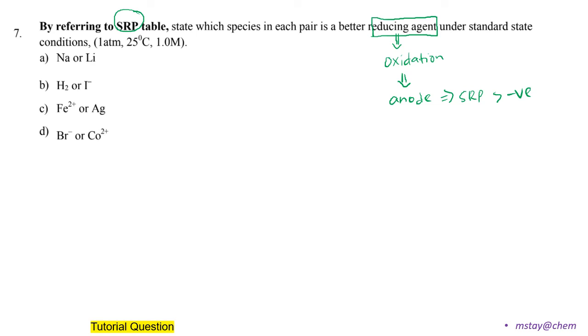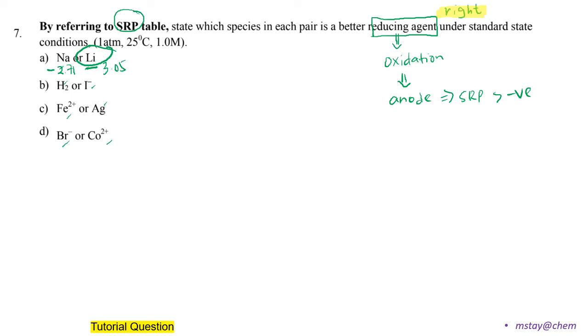Because the reducing agent undergoes oxidation, you have to make sure that all the species, sodium, lithium, hydrogen, iodide ion, Fe2+, Ag, Br negative, and cobalt 2+, are on the right hand side of the equation. When you look at the values, sodium has negative 2.71, while lithium is negative 3.05, so lithium is more negative.